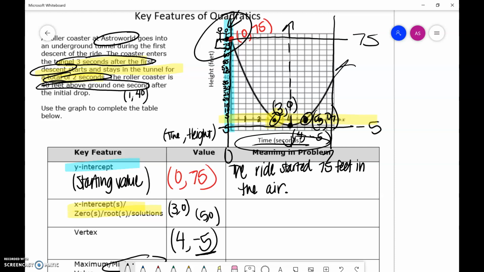At that point in particular, it's entering and exiting. So I'm going to put the ride enters the tunnel at 3 seconds and exits at 5 seconds.